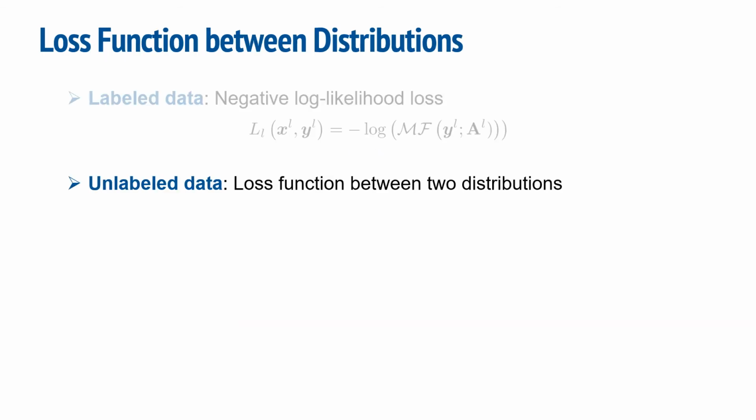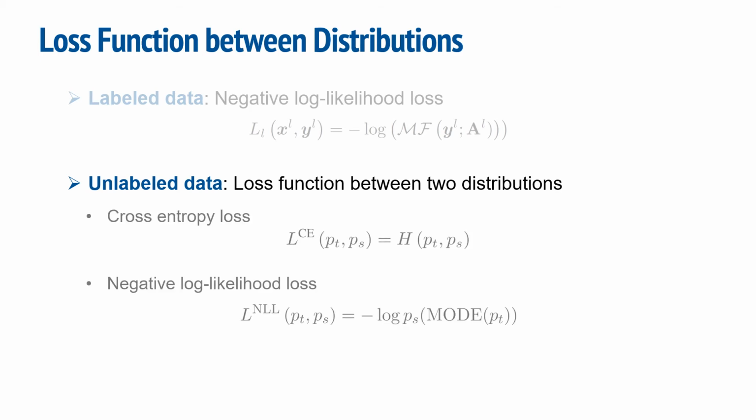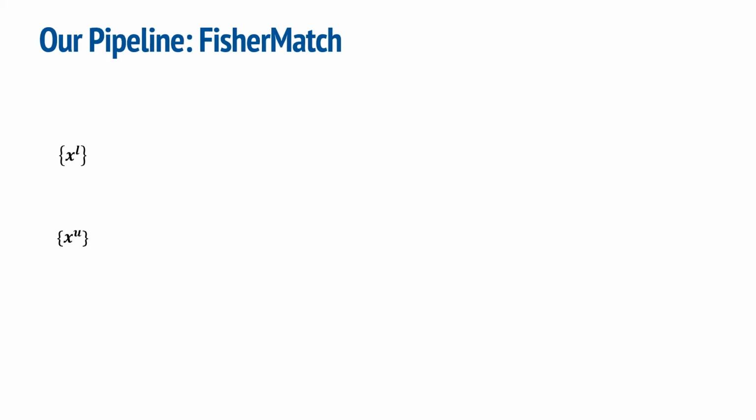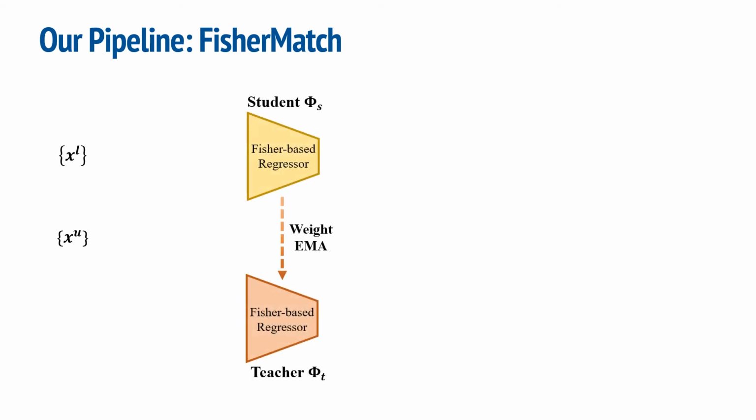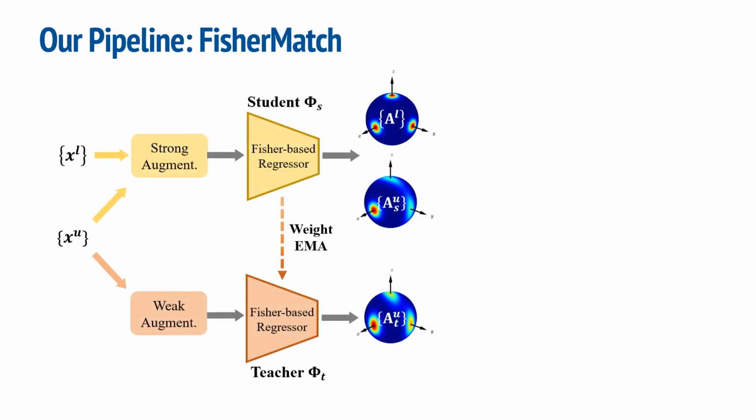For unlabeled data, both our network predictions and pseudo labels are distributions, which renders a new supervision problem for our pipeline. We investigate two types of losses, namely cross-entropy loss and negative log likelihood loss. Here comes our full pipeline, namely FisherMatch. We leverage a teacher-student mutual learning framework that is based on matrix-Fisher-based rotation regressors.